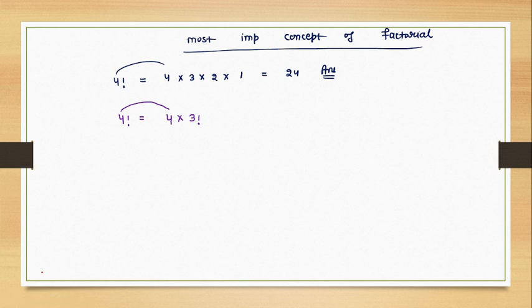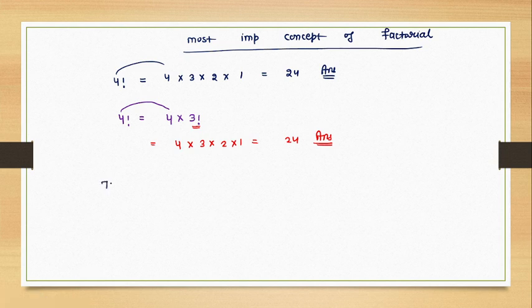One student tells me that sir, he is right, because 4 into 3 factorial, and what is 3 factorial? 3 2 1. It is the same thing. He will get the same answer, 24. It means I just want to tell you one thing.